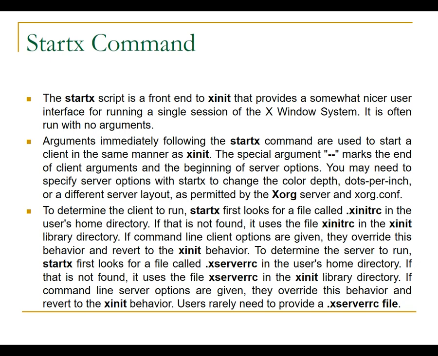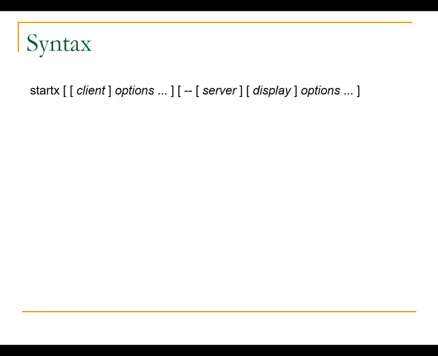Startx is a script which runs as a front end to xinit that provides a somewhat nice user interface for a single session of the X Windows system, and it is often run without any argument. The syntax of the Startx command is as displayed on the screen.